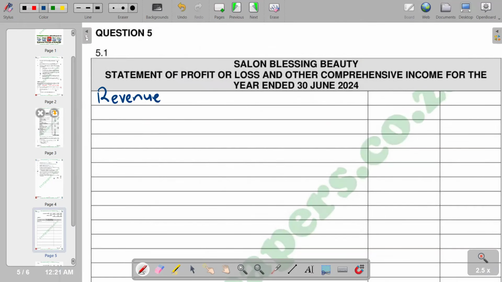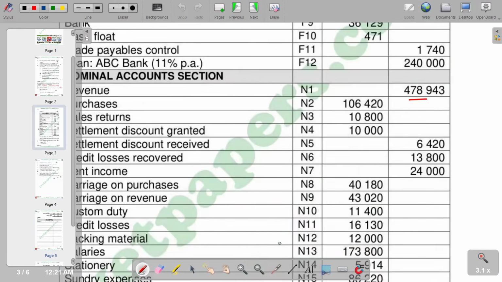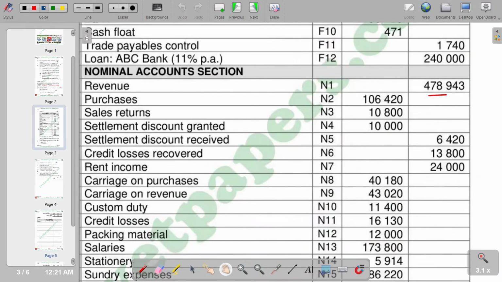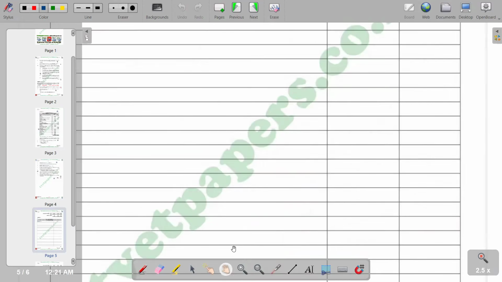But of course, for this revenue figure that we have, we need to check if we have any returns or allowances. Remember, sales returns or allowances. We can quickly pick that we have sales returns of 10,800, which needs to be subtracted from our revenue figure. So we subtract that one. It is going to reduce our revenue figure.